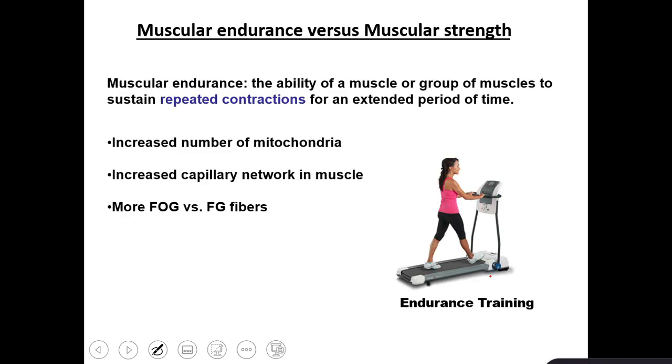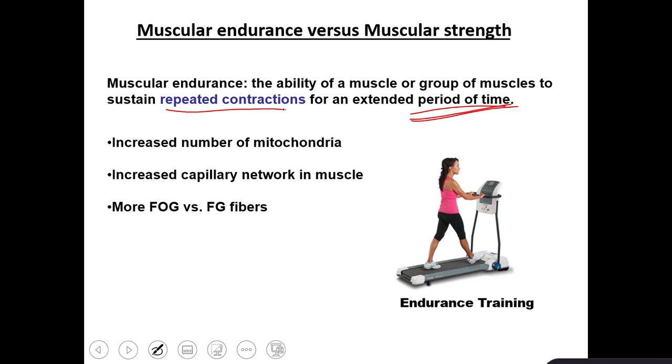What is the difference between muscle endurance and muscle strength? Endurance means the ability of a muscle or group of muscles to sustain repeated contractions for an extended period of time. So you are working on your treadmill for an hour. It's a long time and you are doing repeated contractions. However, those contractions are not strong. So here you rely mainly on aerobic respiration.